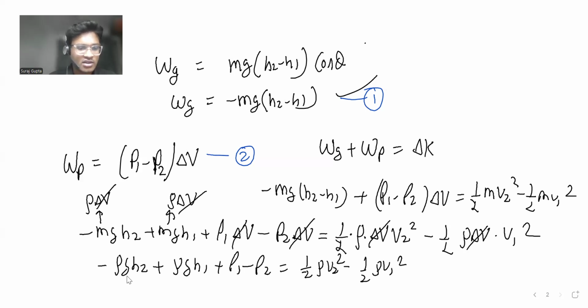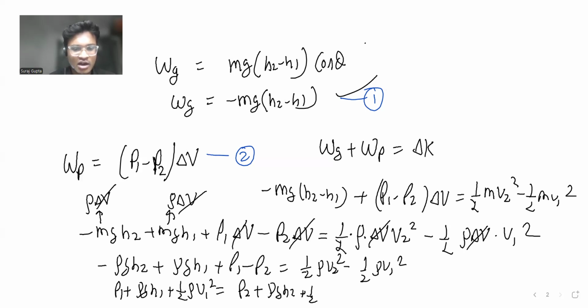Correct? Now, finally, what we can write is P1 plus rho g h1 plus 1/2 rho v1 square is equal to P2 plus rho g h2 plus 1/2 rho v2 square. Simple. And this is your Bernoulli's equation.